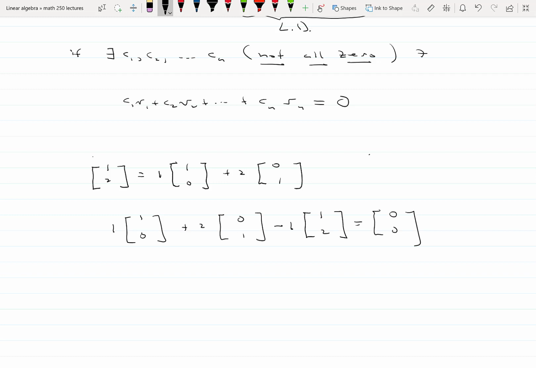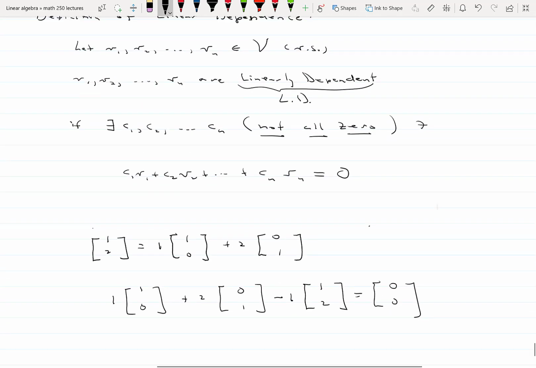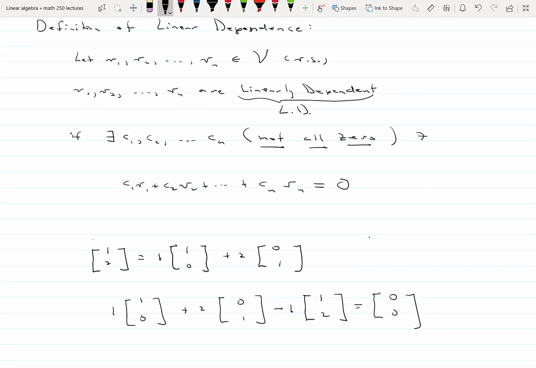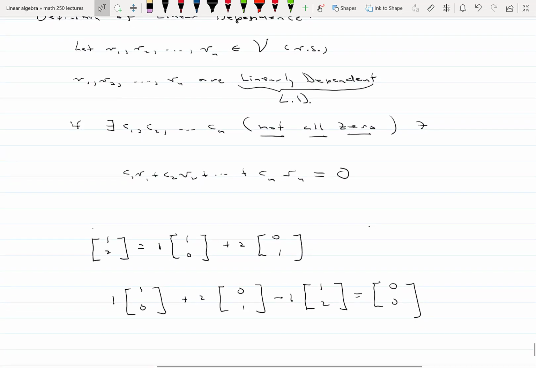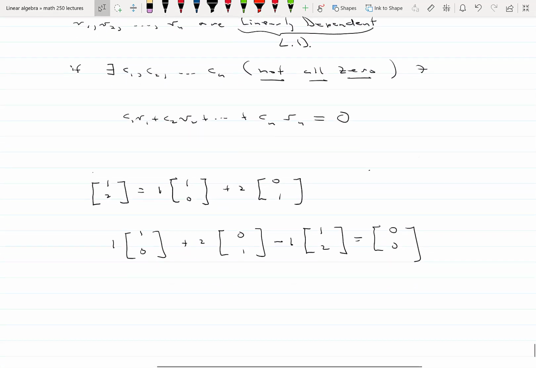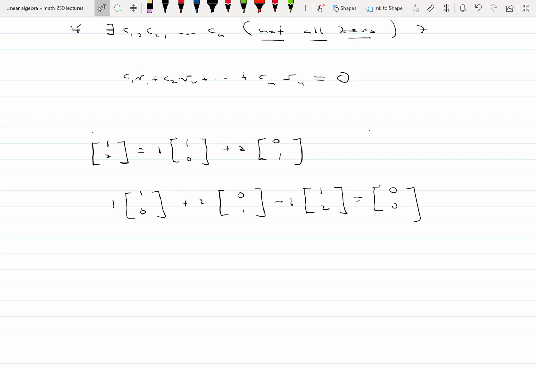Now, take a look at the definition of linear dependence. A set of vectors is linearly dependent if you can find constants that are not all zero, such that C1 V1 plus C2 V2 plus C3 V3, in this case, equals 0.